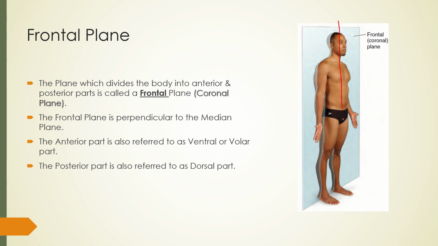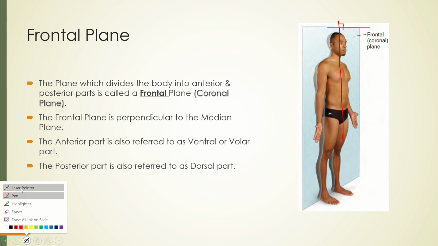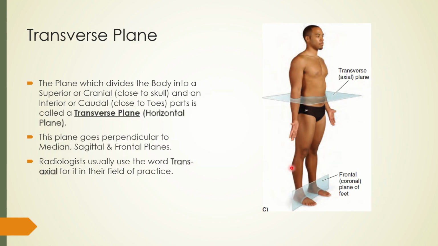Here is the median plane, and here is the frontal plane. So the median plane is perpendicular to the frontal plane, or the frontal plane is perpendicular to the median plane. It is the same. Now, the anterior part is also referred to as the ventral part or volar part, and the posterior part is referred to as the dorsal part. It will be discussed later.